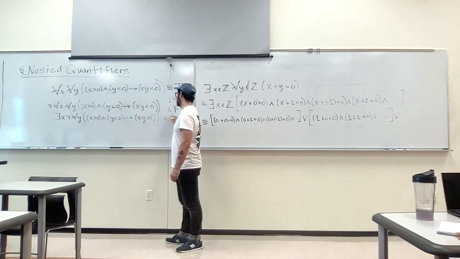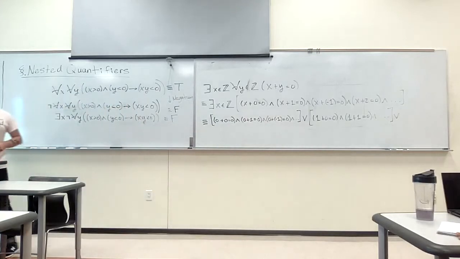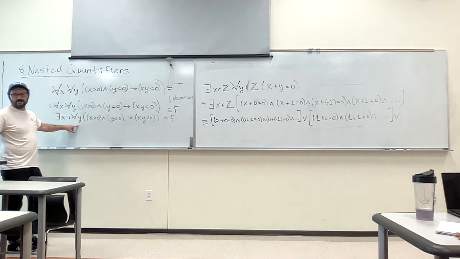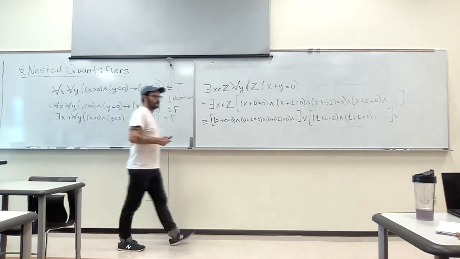It better be false. So there exists x, and then it's even harder to say. It is not the case that, right? But we know something about negating the universal. The negation of the universal becomes the existential, right?